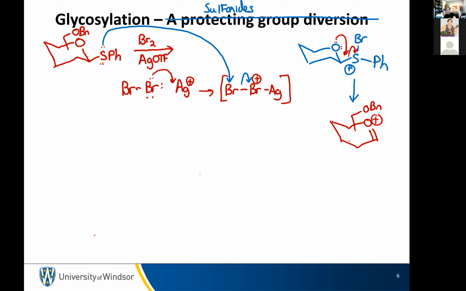Now in this case, we have no C2 anomeric effect. So we're going to think the anomeric effect is going to drive that and whatever the glycosylation is, and we can affect that with our choice of solvent. But again, we have a second way to activate these thiophenols.